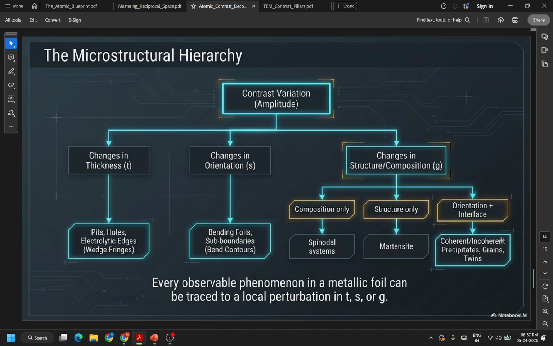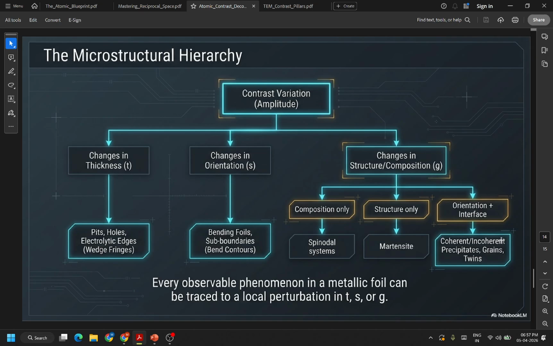So the contrast variation, which is amplitude, can come from three things. One is change in thickness, which comes from pits, holes, or electrolytic edges, which gives wedge fringes. It can come from change in orientation, such as bending foils or sub-boundaries, giving bend contours. And it can come from change in structure or composition. Examples of composition changes are spinodal systems.